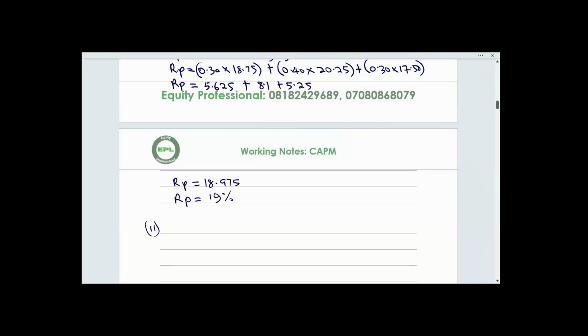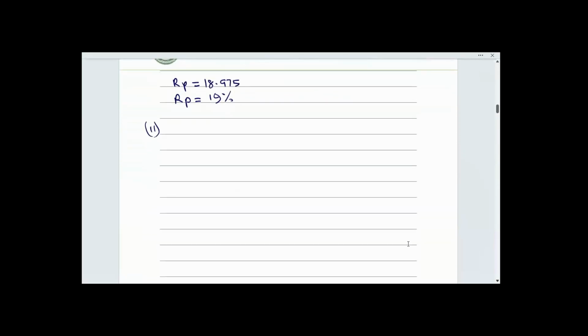The second requirement says you should calculate the risk of the portfolio using CAPM. All right, so calculating the risk of the portfolio. All right. So to get the risk of the portfolio, follow the same pattern.